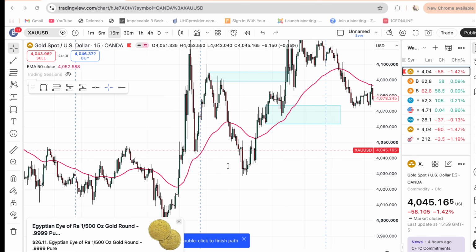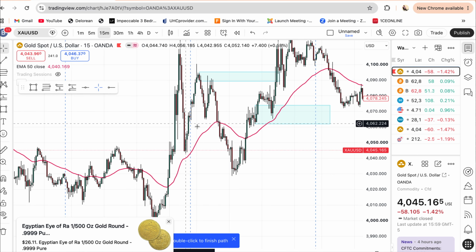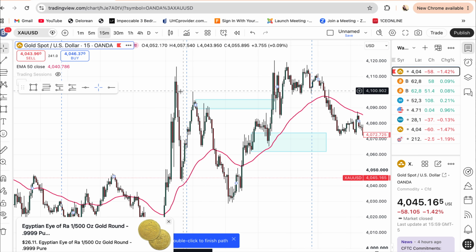Lesson 4, entry. After you are on the 15-minute time frame, you're going to look for these rejection candles. Here's a perfect example of a nice supply and demand setup.